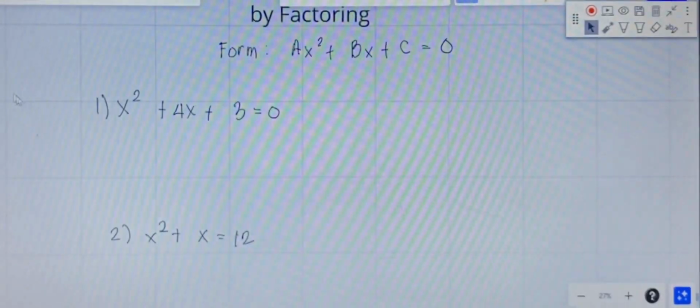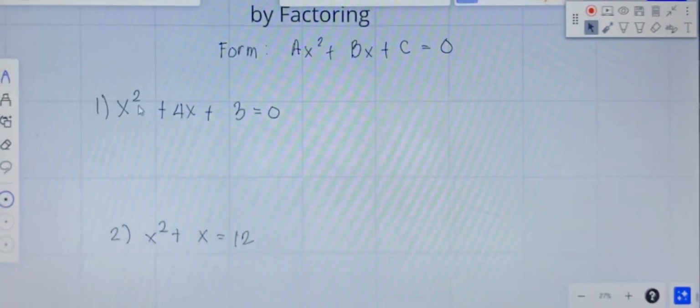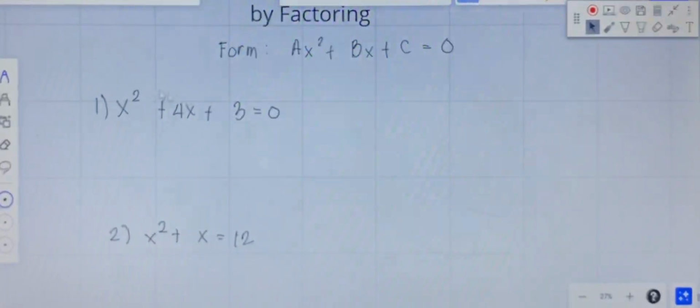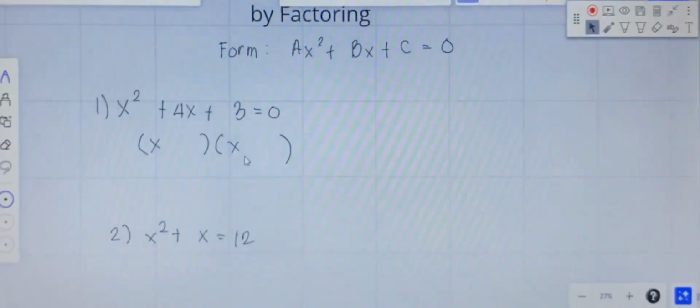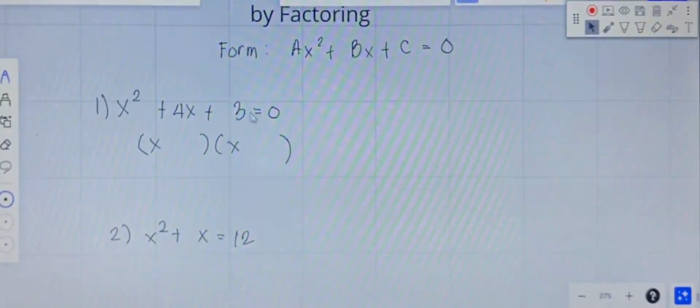Now, to get the factors, of course, we need to find the factors of x squared and the 3. Let's have it this way. The factors of x squared are x and x, because if we multiply them together, we're gonna get x squared. Now, we're gonna look for the factors of 3.